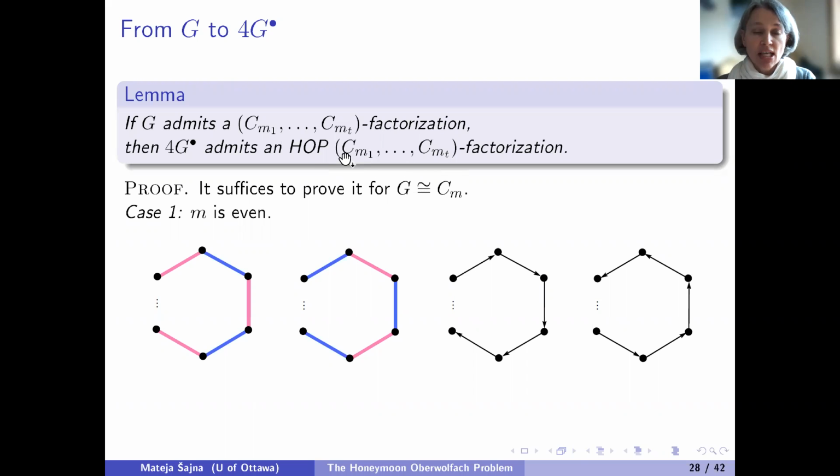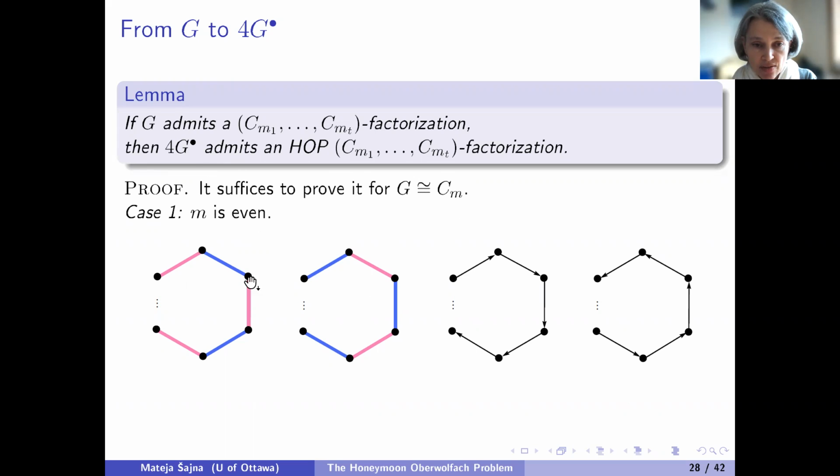And if you think for a second, you'll realize that it's enough to show that this is true when G is a cycle itself. So when G is an even cycle, we can then construct an HOP CM factorization of the fourfold CM as follows.